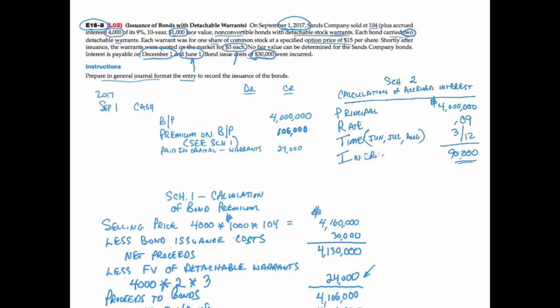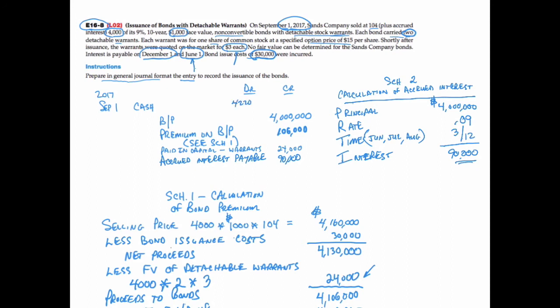So that's 90,000. We're going to call that accrued interest payable, 90,000. And now on the credit side, we have $4,106,000 plus 24, that's $4,130,000, plus 90 is $4,220,000.